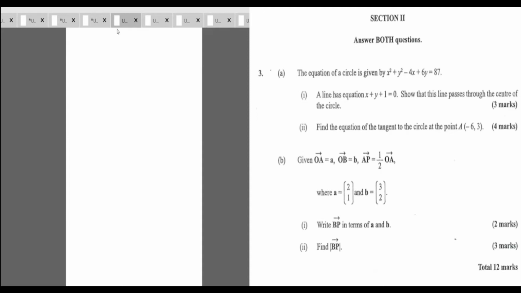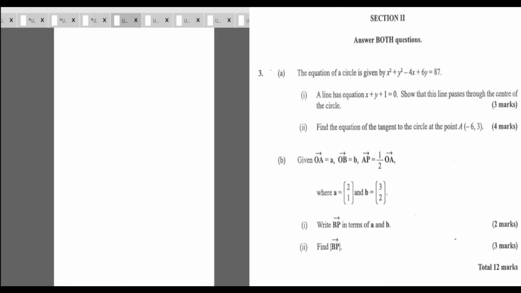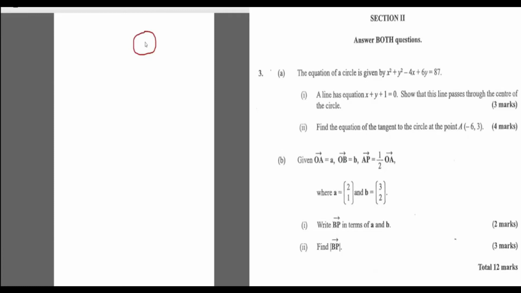Now, to show that the line passes through the center of the circle, this is a circle, all right? Let's say this is the center.